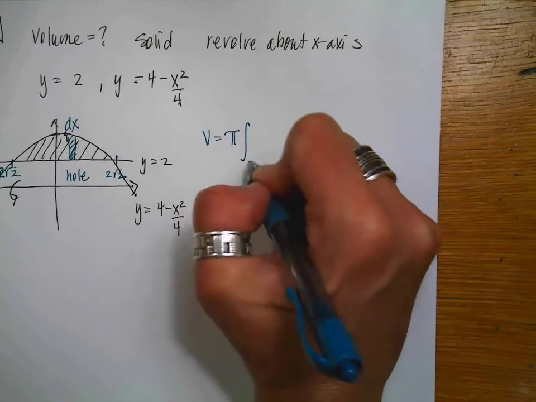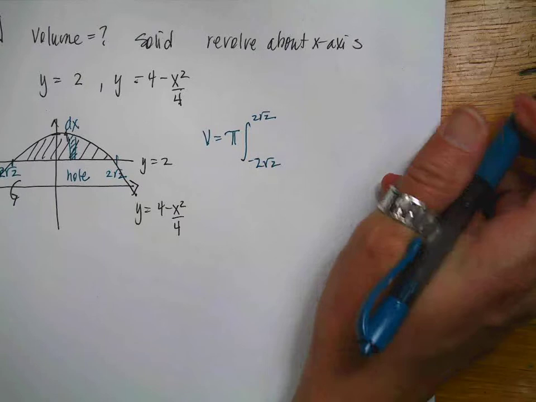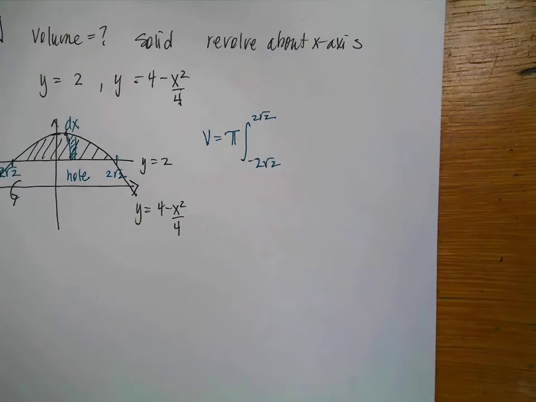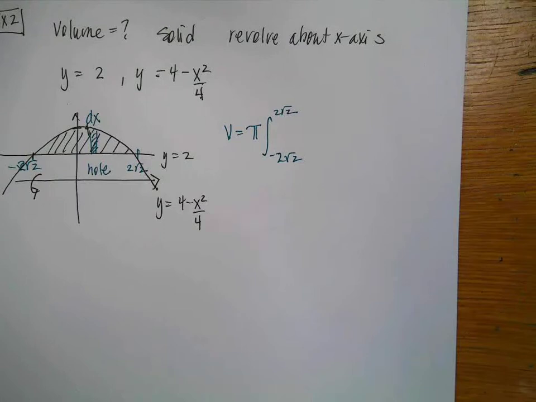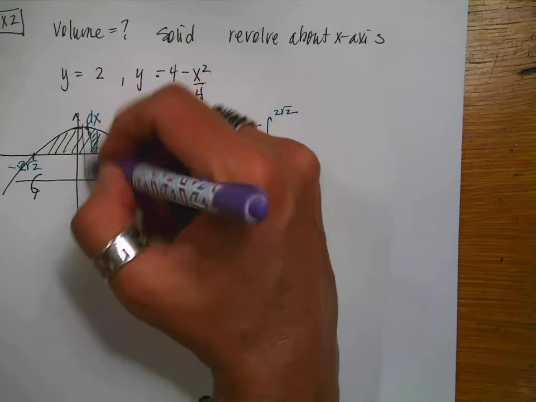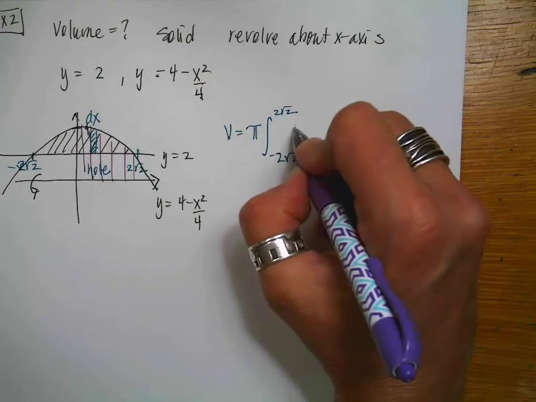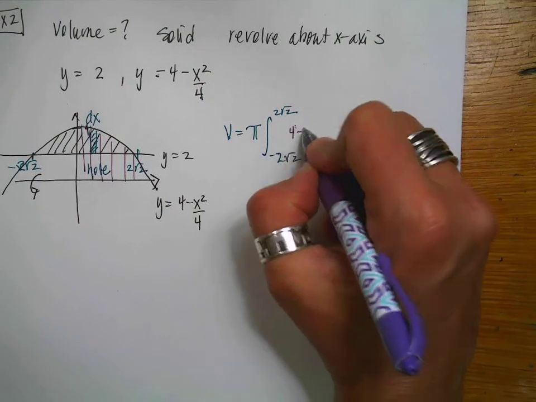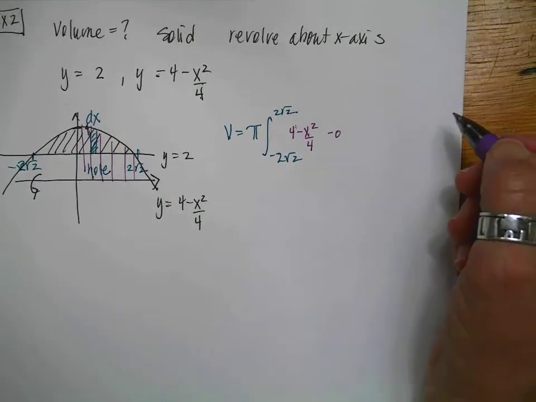So the volume is going to equal pi, integral from negative 2 radical 2 to 2 radical 2. Those could also be decimals; it doesn't matter whether you're doing radicals or whatever. Here's how I'm going to set this up. I'm going to do the whole. I'm going to do my top curve, which is 4 minus x squared over 4 minus 0.